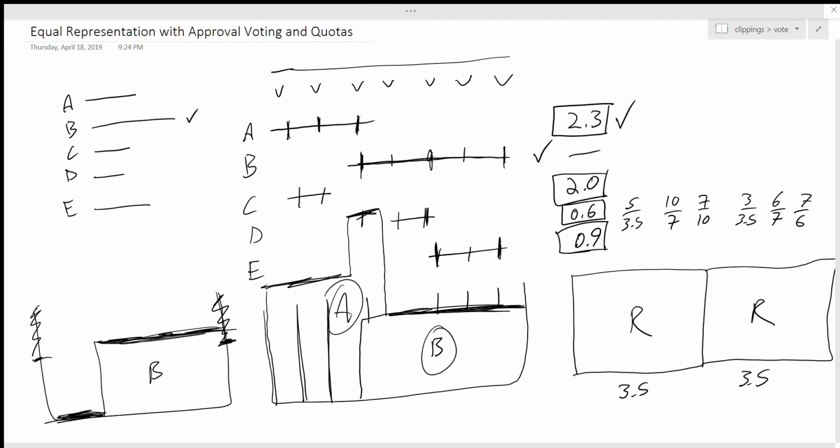So here I just explained how you can get equal representation, or as close as you can get, by using approval voting and using some quotas. And I explained this quota bucket as a guideline for how much somebody's vote should count after somebody has already been elected, how much they could further be represented, like the ideal amount.